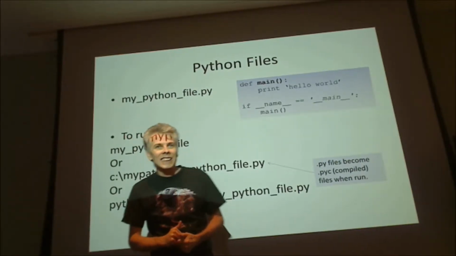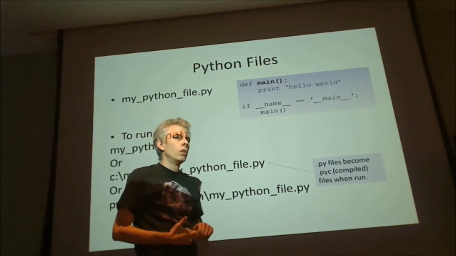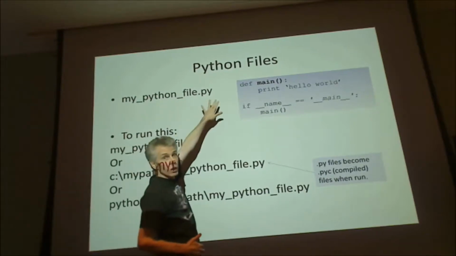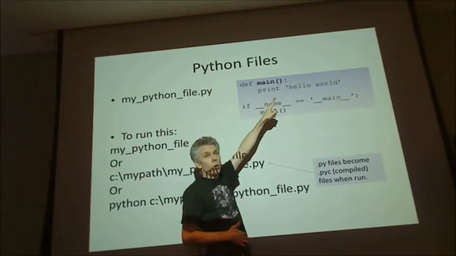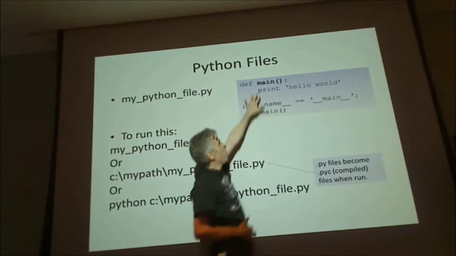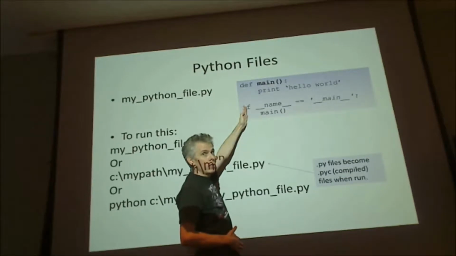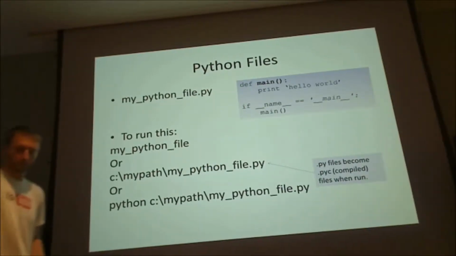So in order to have a function called in Python, you have to put this kind of construction at the bottom of your file. This is just to get the entire file to execute. If I want to call this file and have it say hello world, unless I put hello world on this line, because then it wouldn't be inside a function, I can just have Python say hello world.